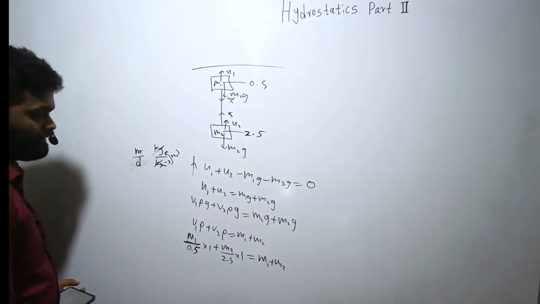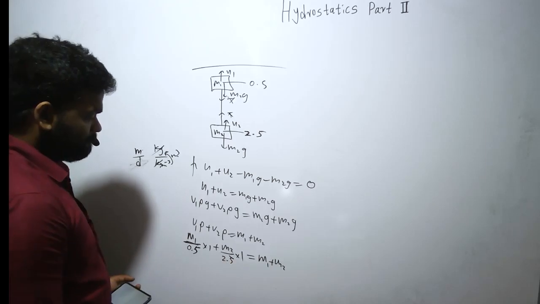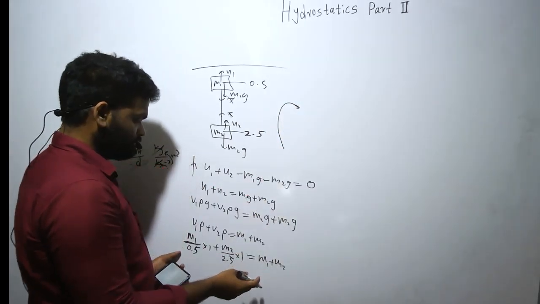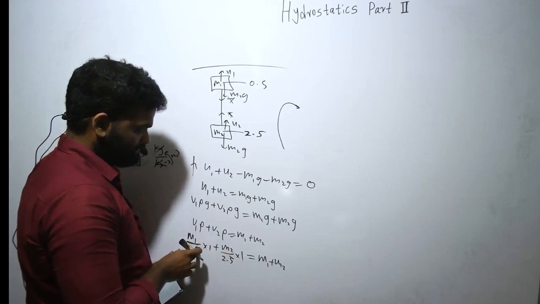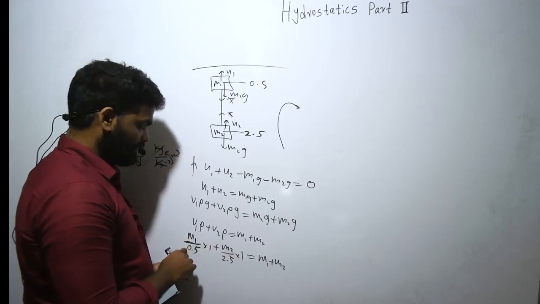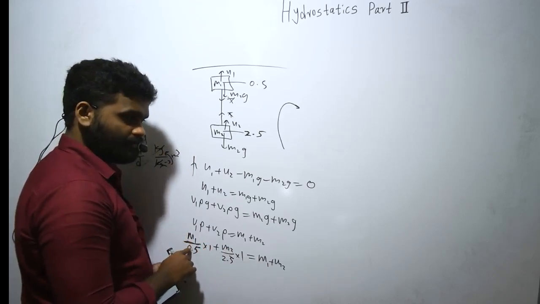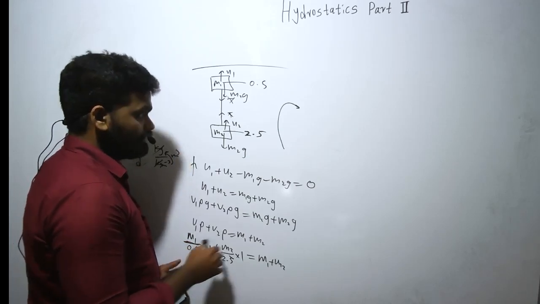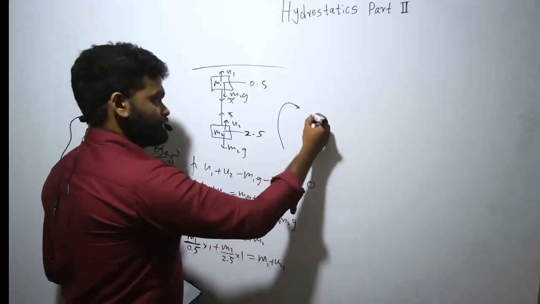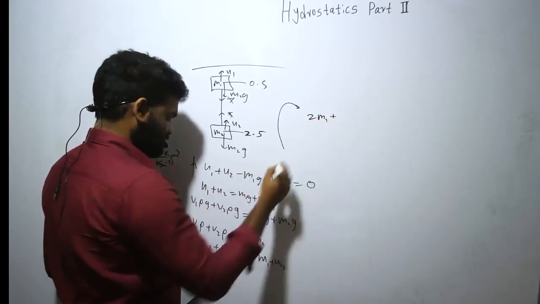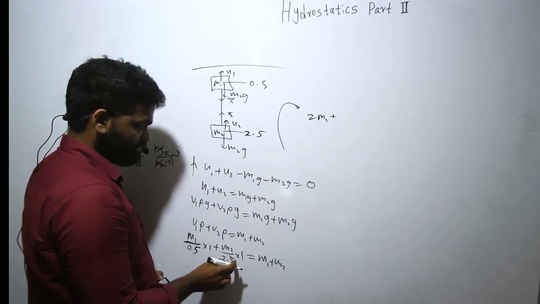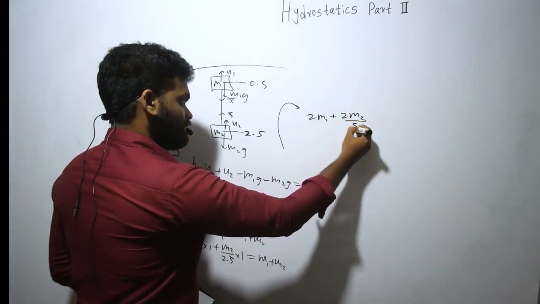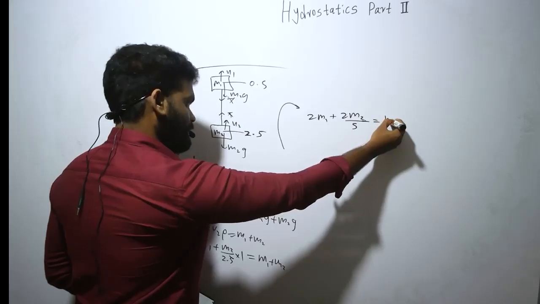Here, this is 0.5. M1 divided by 0.5, M1 divided by 1 over 2. So it goes up, it becomes 2M1 plus, this you can write as 5 over 2, so M2 over 2.5 becomes 2M2 over 5, equals M1 plus M2.